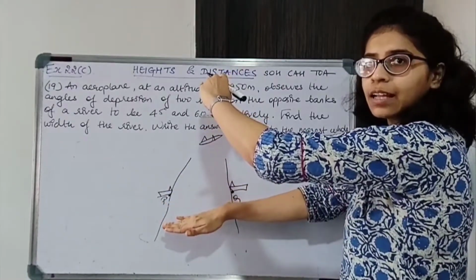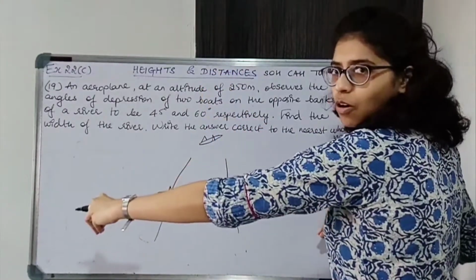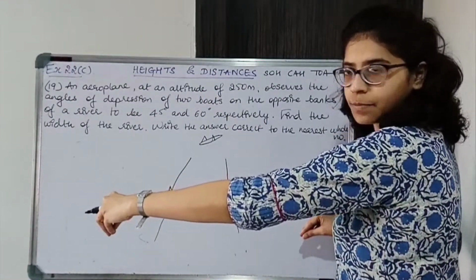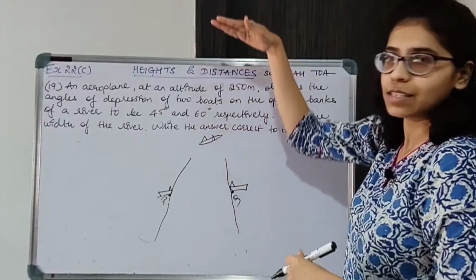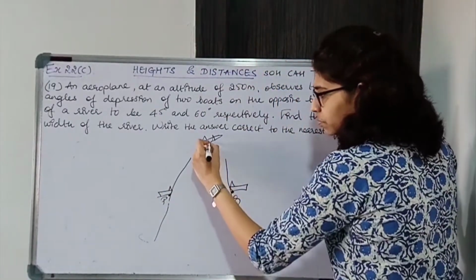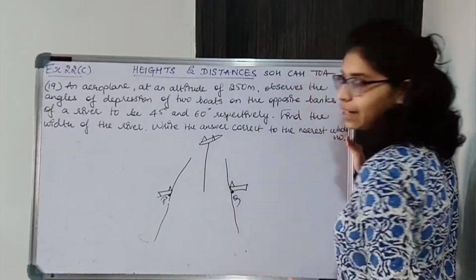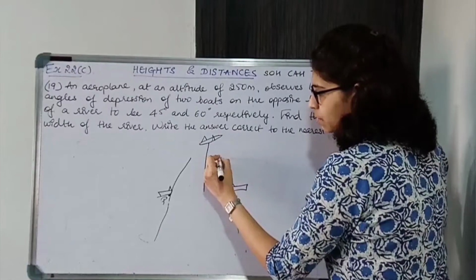So there are two boats on both sides, and this aeroplane is at a height of 250 meters.